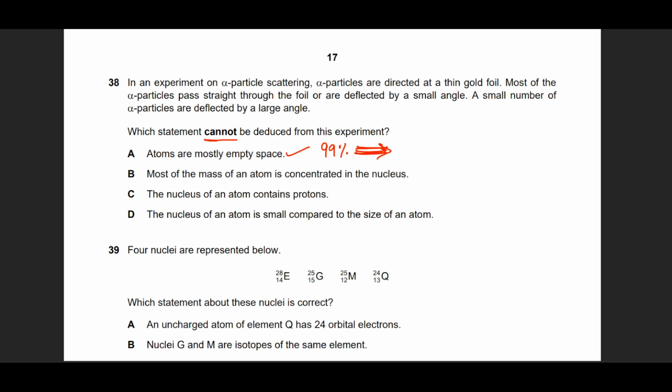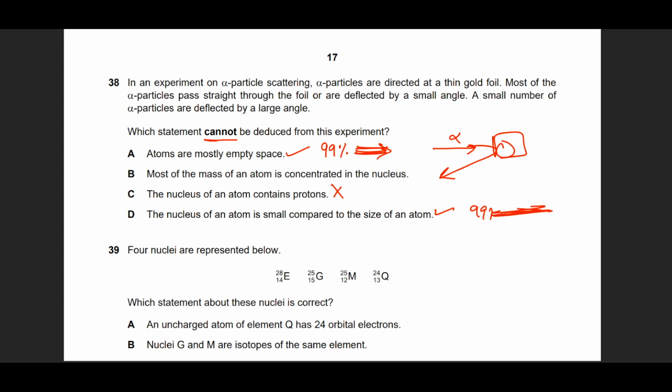Most of the mass of the atom, yes, because the alpha particle that came right in front of it actually got deflected back. So it means that this is a very, very massive object which is not letting anything pass by. The nucleus of an atom, no, this is what we don't know yet. The nucleus of an atom is small, yes, because 99% of them passed straight through. So it's very small.